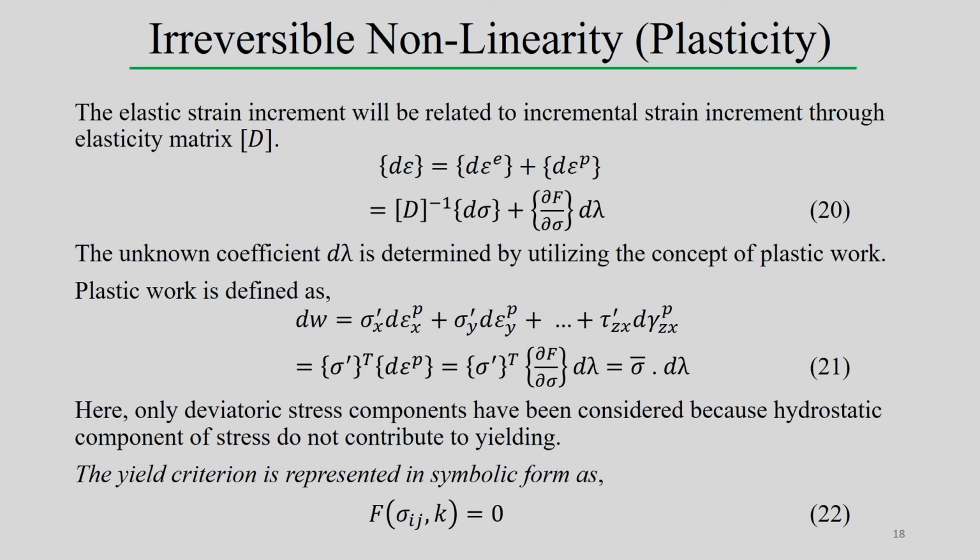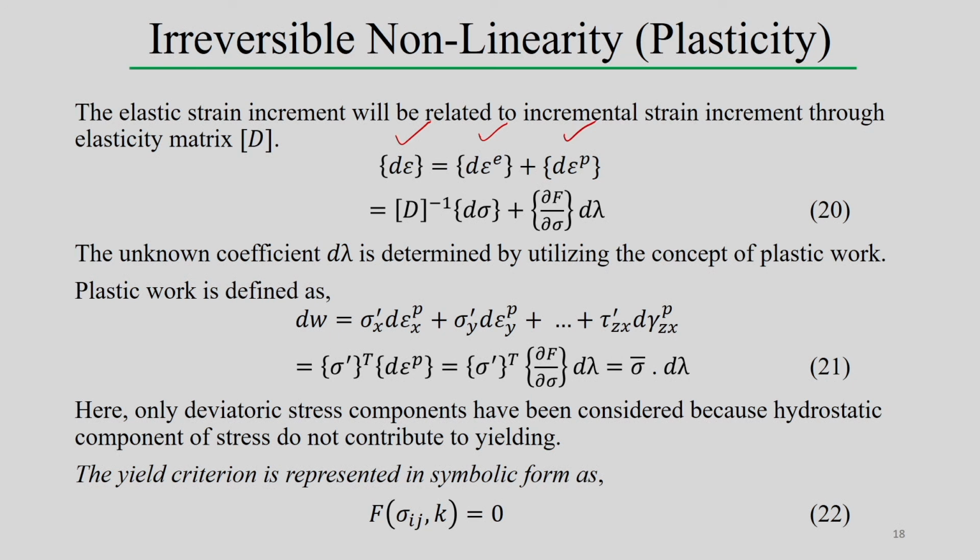If we assume only the elastic and plastic components correspond to the total strain increment, then the elastic strain increment is related to the incremental stress through the elasticity matrix. The total strain increment consists of these two parts, the elastic component and the plastic strain increment.